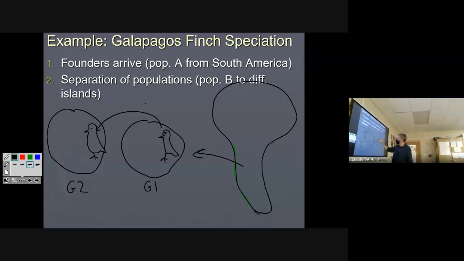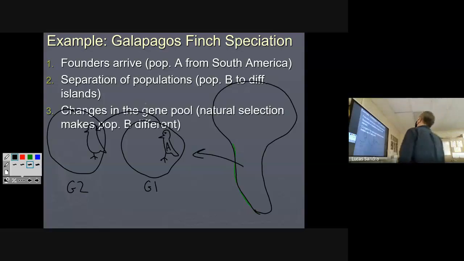We're calling this population A. These are bird A, species A, right? But what happens is on island G2, things are different.